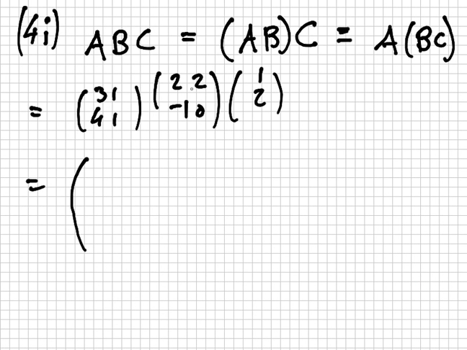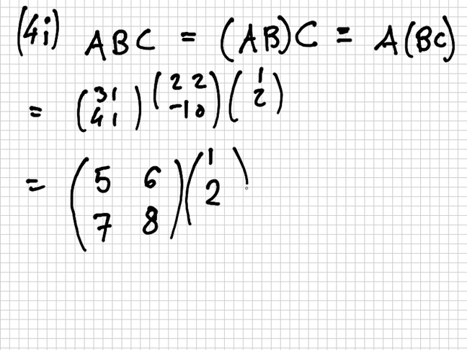So that would be 6 minus 1 is 5. 6 and 0, 6. 8 minus 1 is 7 and 8. Multiply 1, 2. So that would be 5 and 12, 17. 7 and 16, 23. So that's the answer then.